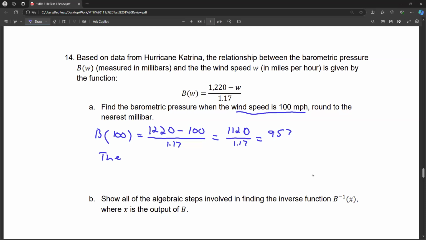So the barometric pressure, BP, when the wind speed is 100 mph, is 957 millibars. Okay, so moving on to part B.